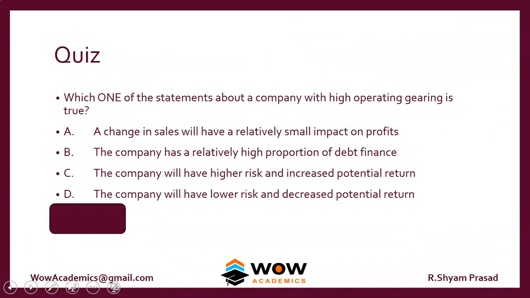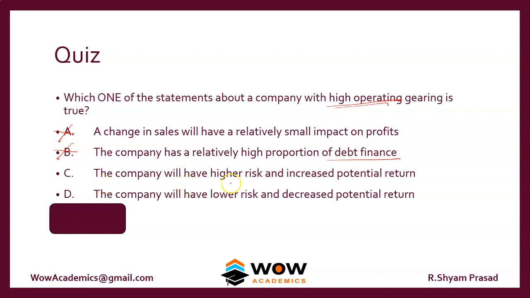So we'll go through this question. Which one of the statements about a company with high operating gearing is true? A, a change in sales will have a relatively small impact on profit. It's high operating gearing, so this is wrong. B, the company has a relatively high proportion of finance debt. We are speaking about operational gearing, so we don't need to worry about finance.